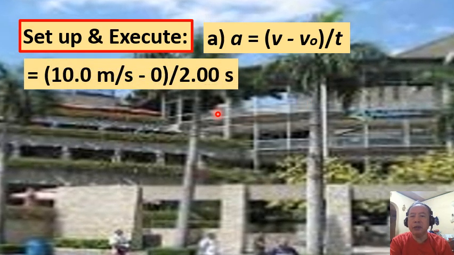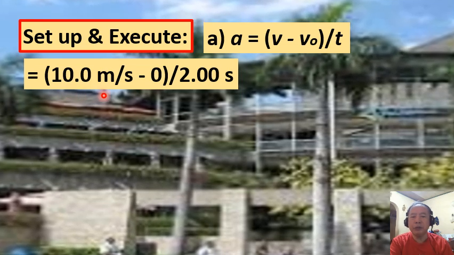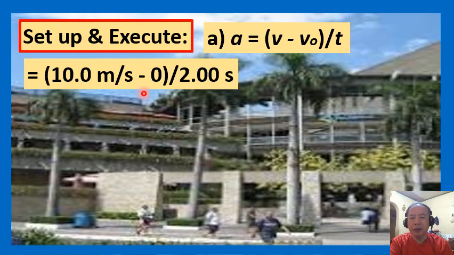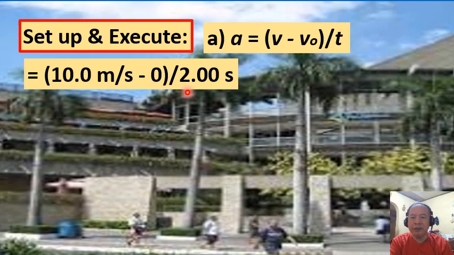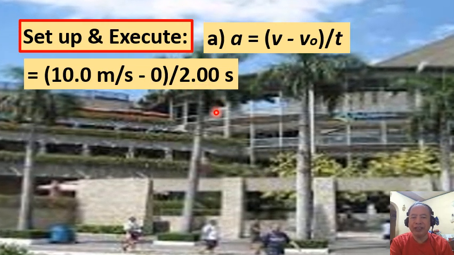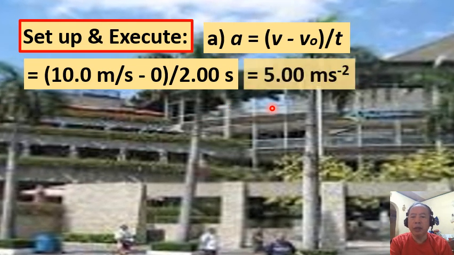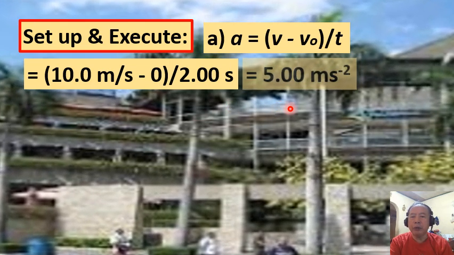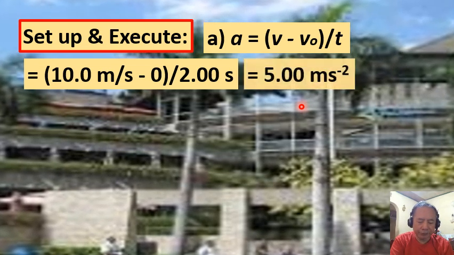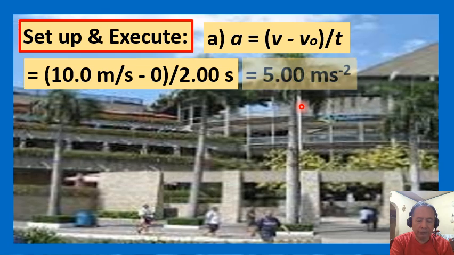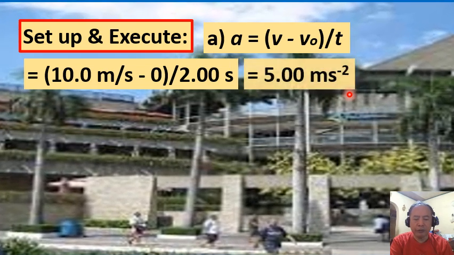Substituting the given quantities, we get acceleration a equals 10.0 meters per second minus 0, divided by 2.00 seconds. So we will get the value of the acceleration a equals 5.00 meters per second squared, rounded to three significant figures.